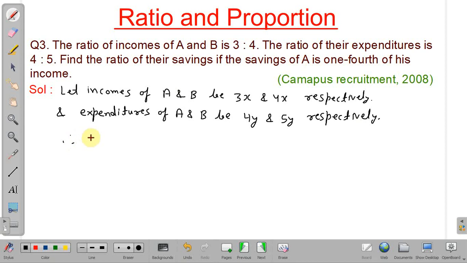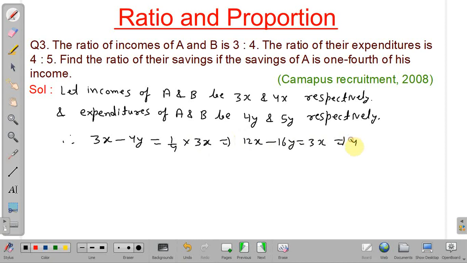Therefore, how much will be the saving? Income minus expenditure will be saving. So 3x minus 4y is the saving of A, and it is given as 1/4 of its income, and income is 3x. So from this we will get a relation between x and y. So it will be 12x minus 16y equal to 3x.